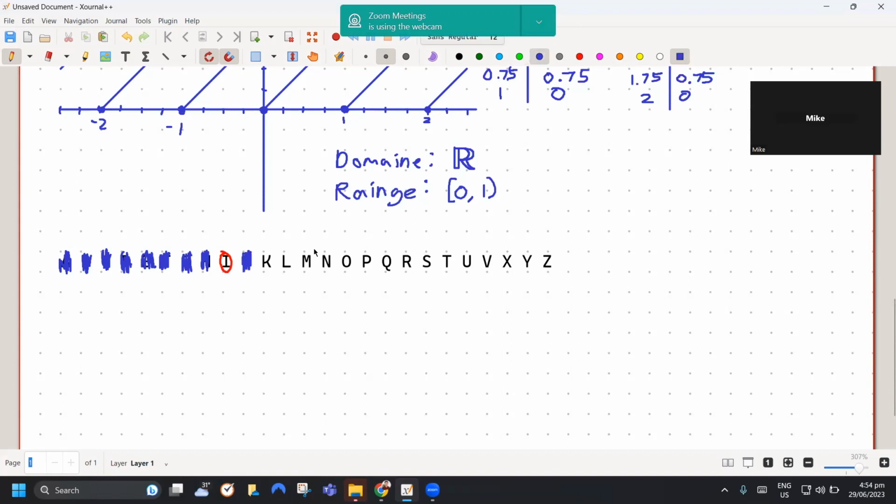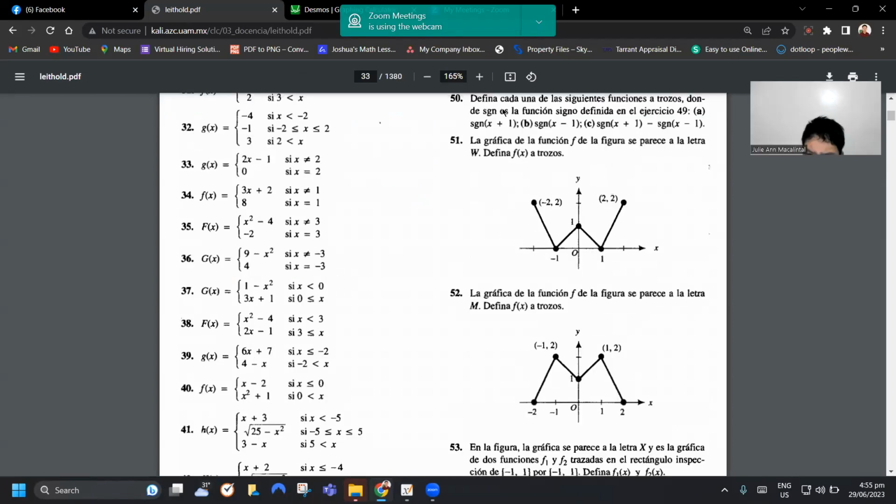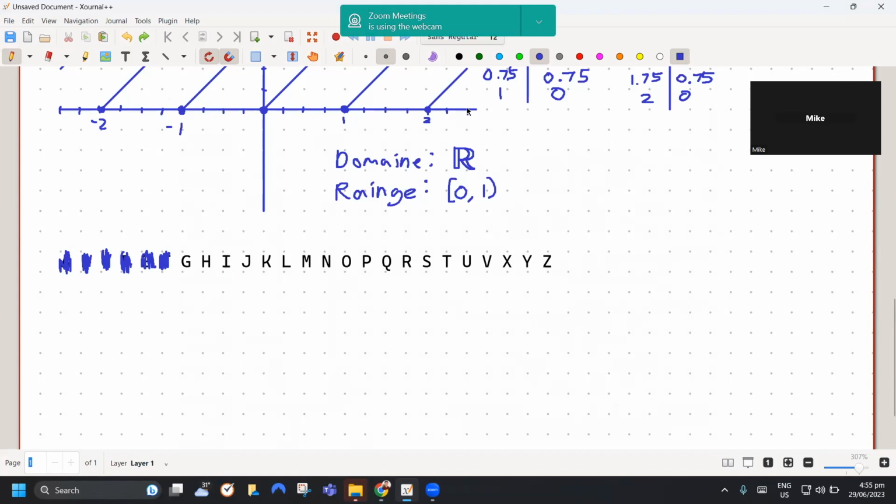Yung ano dito, hindi kailangan perfect na ganyan ha. Alam mo yung quality na pag tingnan mo yung sa exercise 51, 52 na graphs, tingnan mo. Pwede po W at saka M, diba? So hindi kailangan na perfect na match. So something that looks like.